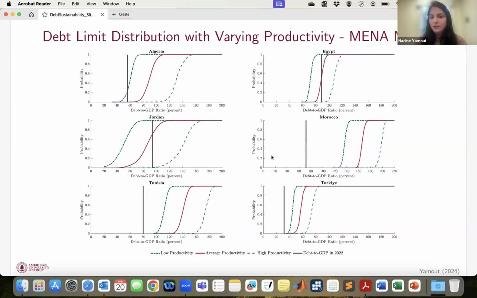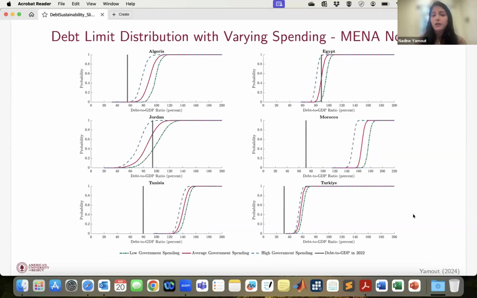So the same analysis could be done for all countries in terms of their debt limit and how it varies with productivity shocks. Same thing, their debt limit and how it varies with government spending. And you can think here of a scenario like the COVID-19 scenario, where governments needed to stimulate the economy, needed to spend more, and more spending implies a restriction on your debt limit.